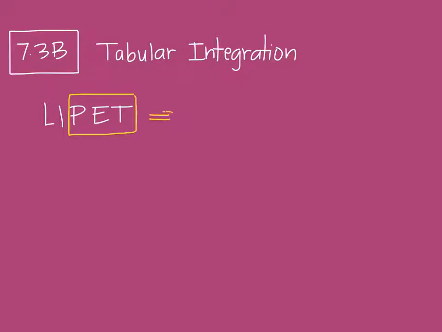If we have that, we can use what's called tabular integration, which is a condensed method of integration by parts so that you don't have to repeat so many times. Okay, it's just condensed down. So let me show you how this works.